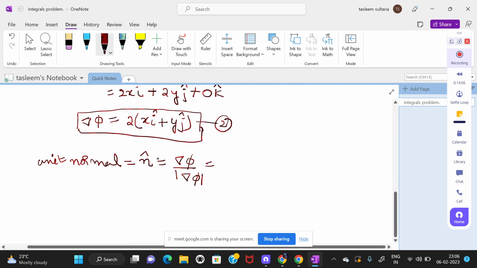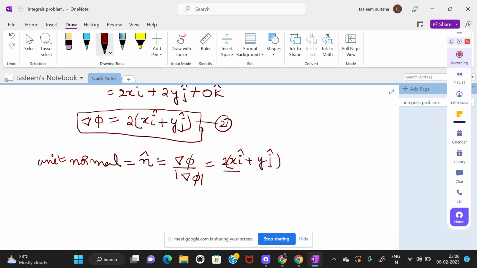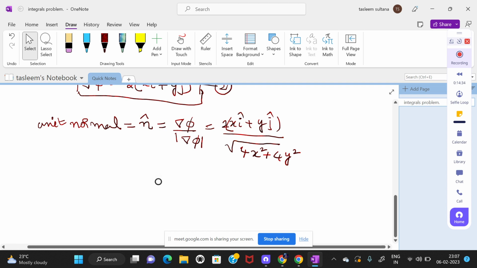Which is equal to 2x i vector plus y j vector, divided by the square root of nabla phi, which is 4x square plus 4y square. So from here we can take 4 as common.